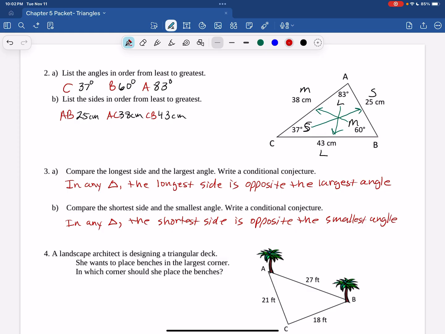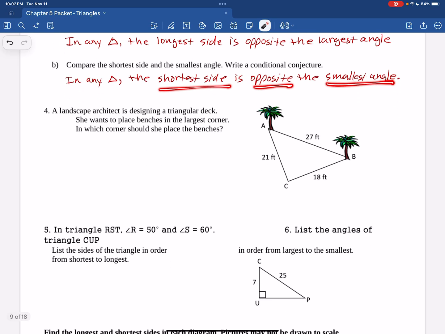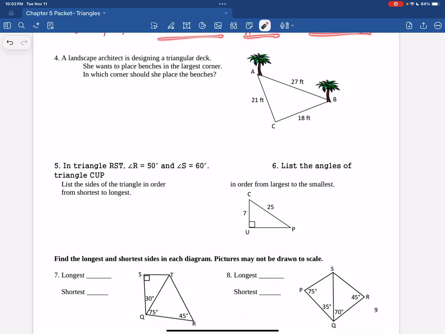And this also works in the converse. So conversely, I could say that the largest angle is opposite the longest side, and the smallest angle is opposite the shortest side.